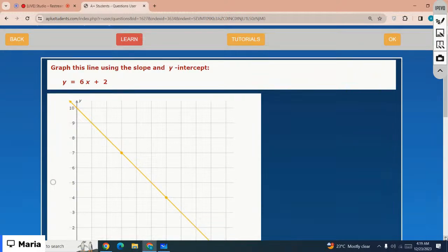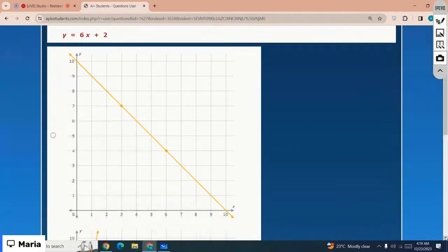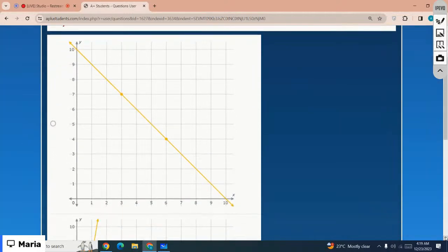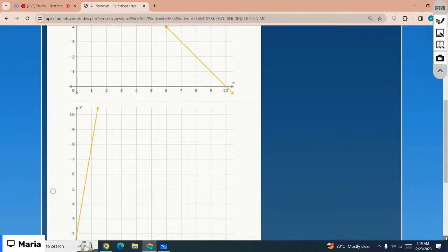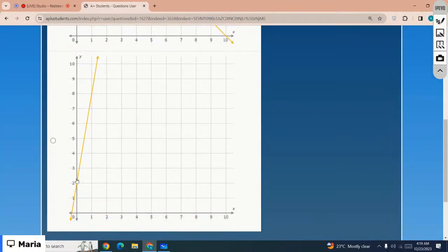Option 1 is not the correct option, right? Because the y-intercept must be 2 and the slope is 6. Y-intercept means the graph must pass through the point 0, 2 on the y-axis. So the second one is the graph of the given equation.